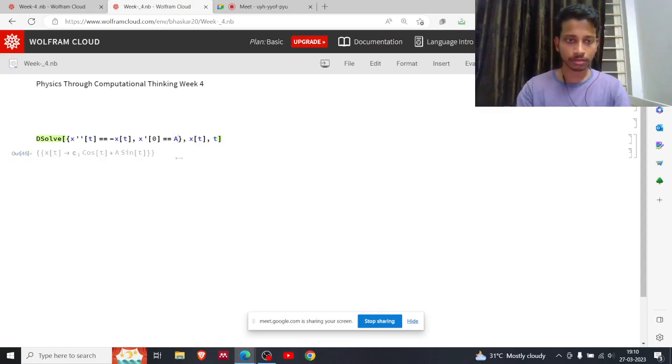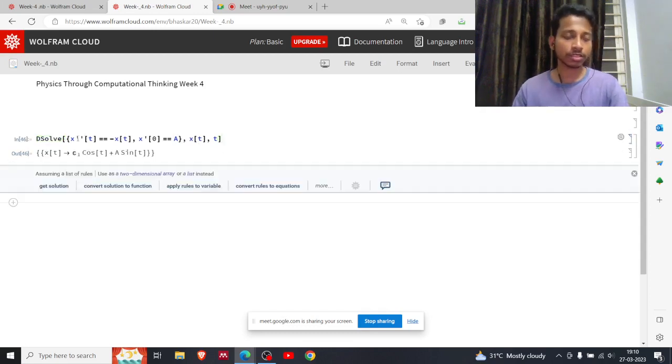This is the solution for the differential equation x double dash t equal to minus x t, where the initial condition, the first derivative of x t at 0, is equal to a. So we get the solution x t equal to c1 cos t plus a sin t.